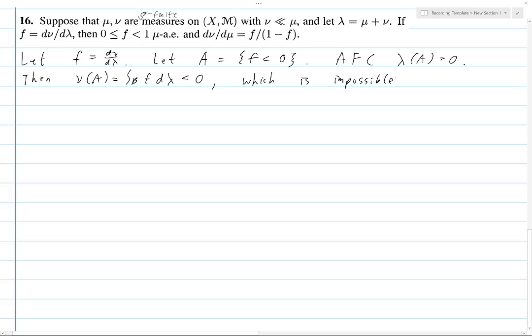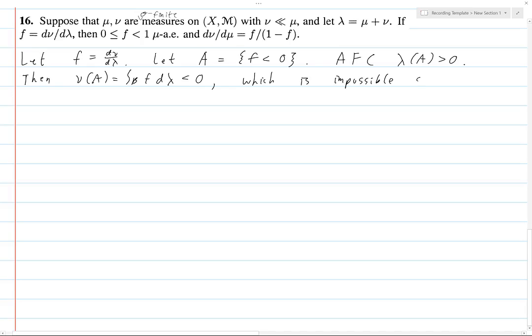Wait, let me just make sure that this makes sense. Assume that lambda A is greater than 0, then this has to be less than 0, because f is strictly less than 0, so there's got to be some region on which it's bounded away from 0, and you integrate over that region and you get that this whole thing has to be strictly less than 0.